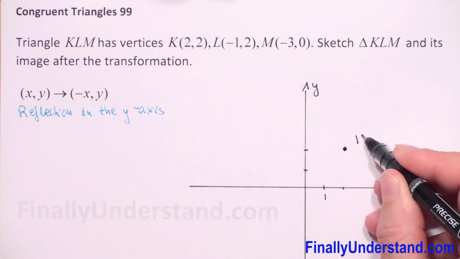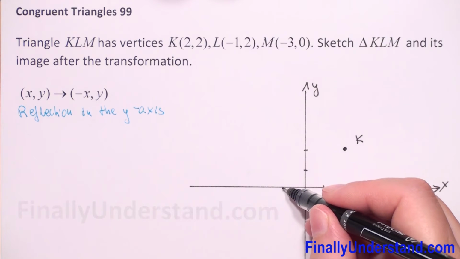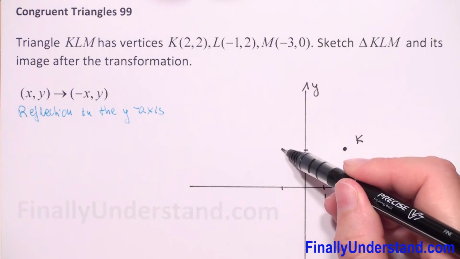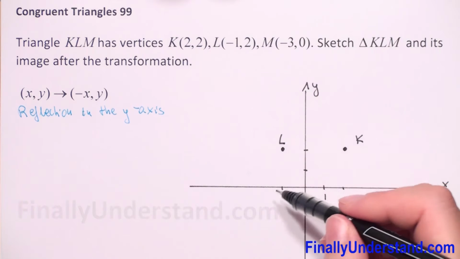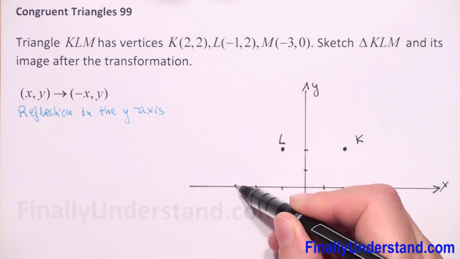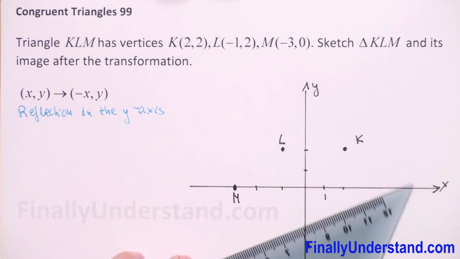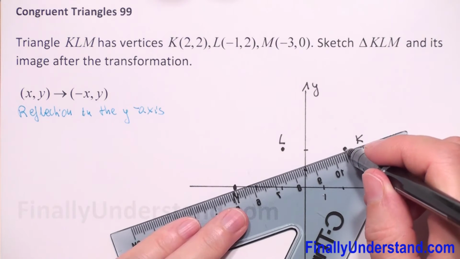This is our point K. Next we have point (-1, 2), so this is here, this is point L, and M is (-3, 0). 1, 2, negative 3. This is our point M. This is our triangle KLM.